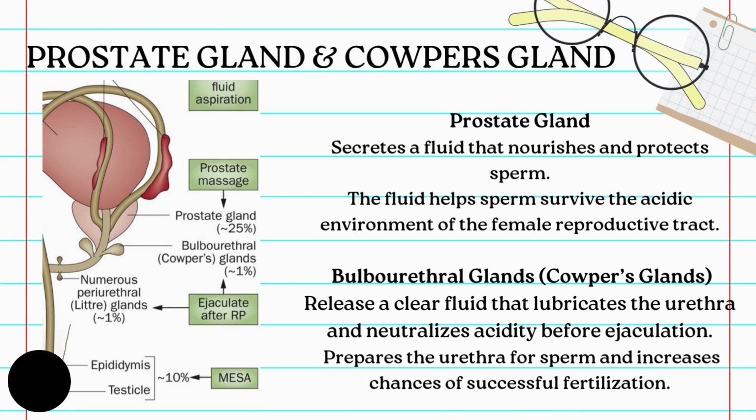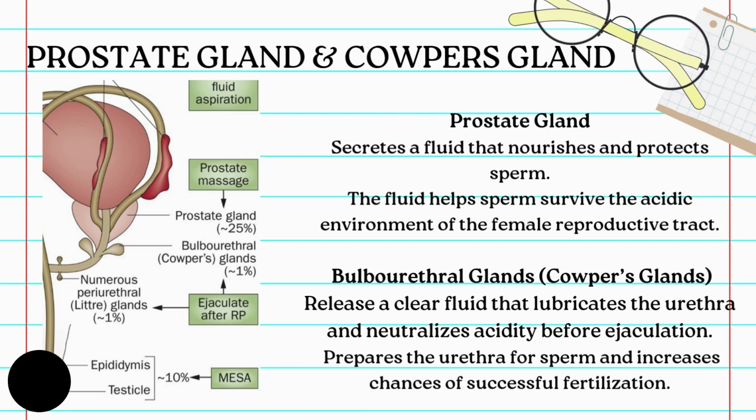When the body realizes the man is engaging in sexual activity and expects that ejaculation is going to happen, then while the sperm is waiting for ejaculation to occur, the Cowper's gland will produce this clear fluid that is a lubricant.